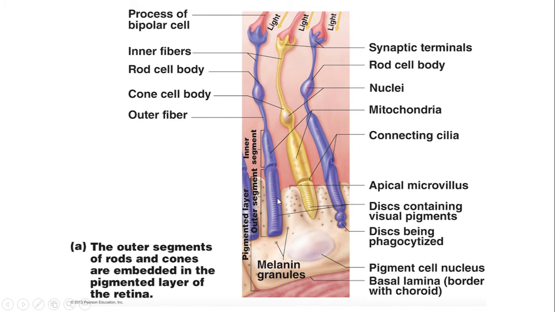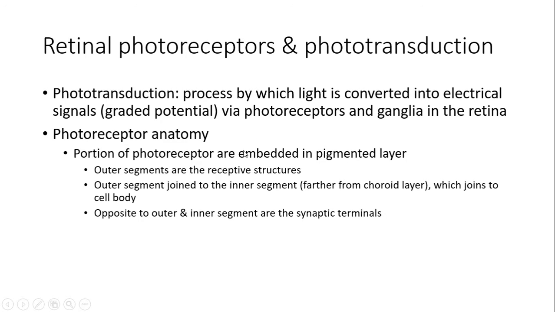Okay, but basically only the outer segment is embedded into the membrane of the pigment cells or the pigmented layer. When you see the inner segment, it's not embedded into that membrane. So the outer segments are the receptive structures. The outer segment is joined to the inner segment, which is farther from the choroid layer, which joins the cell body.